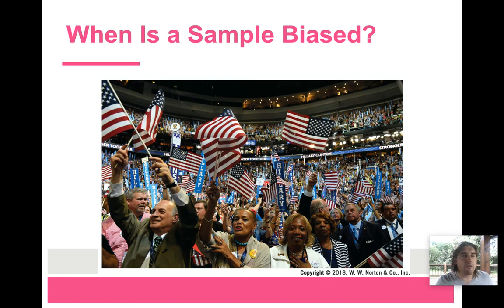And so even though this seems like a great idea, you are opening yourself up to an incredibly biased sample, such that the data you collect from the people at the rally might not apply to all people registered for that political party. So a sample is biased whenever it systematically differs from the population of interest, and that's a problem because we are using that sample to draw conclusions about the population.